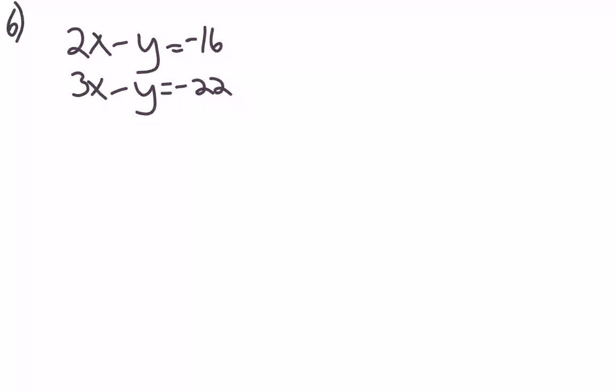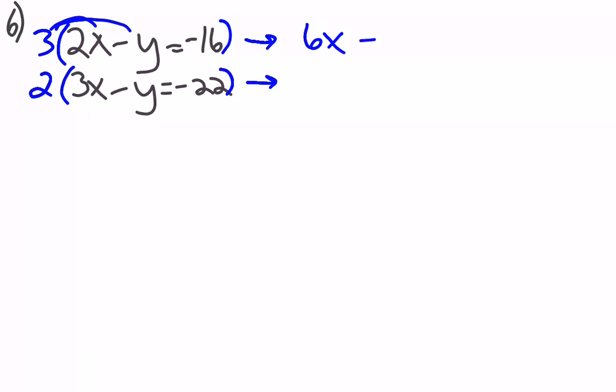Alright, look at this next one. Now, there's a sneaky way you could do this one, but for sake of instruction, we're going to switch and simplify this. So I'm going to put the 2 on the bottom equation and the 3 on the top. And hold your horses if you had a different idea about this problem. So we're going to distribute. 3 times 2x is 6x minus 3y equals negative 48.